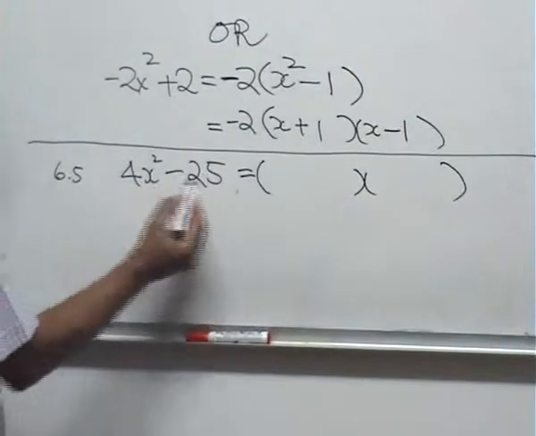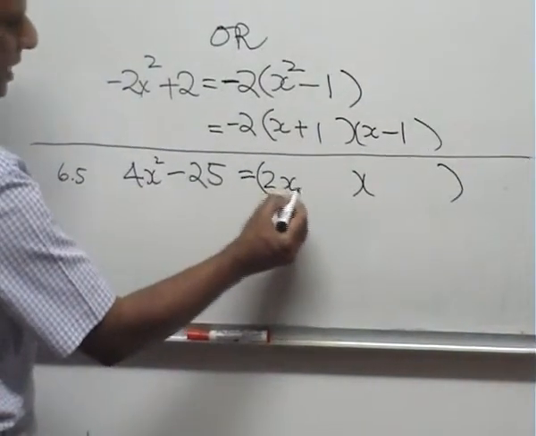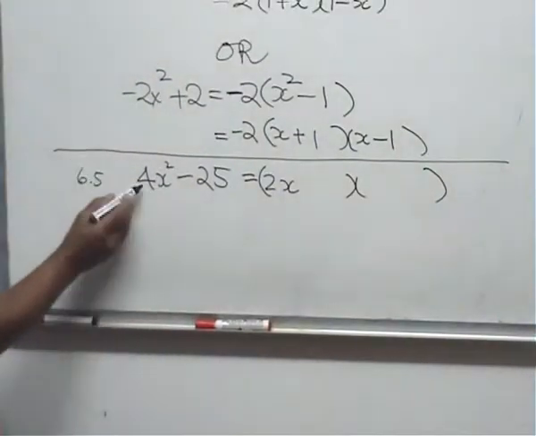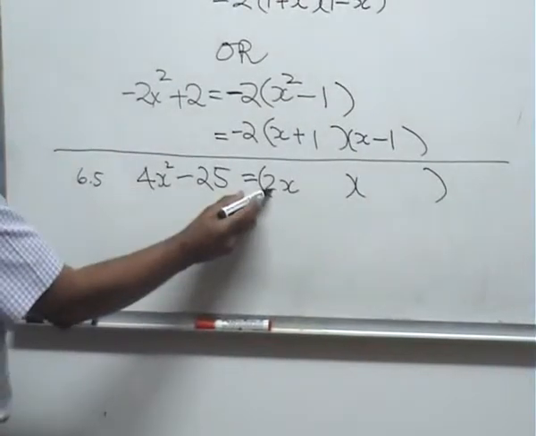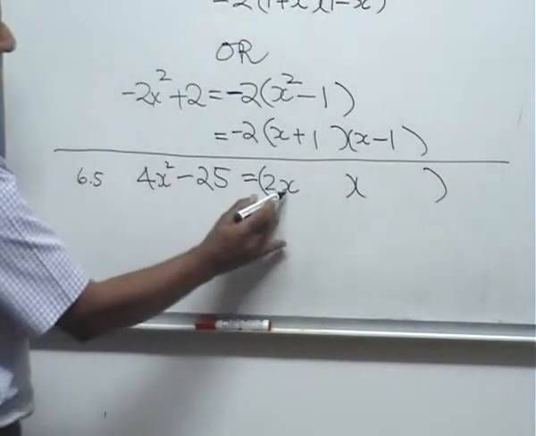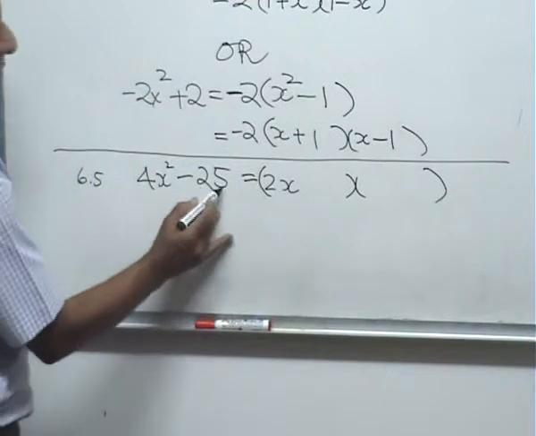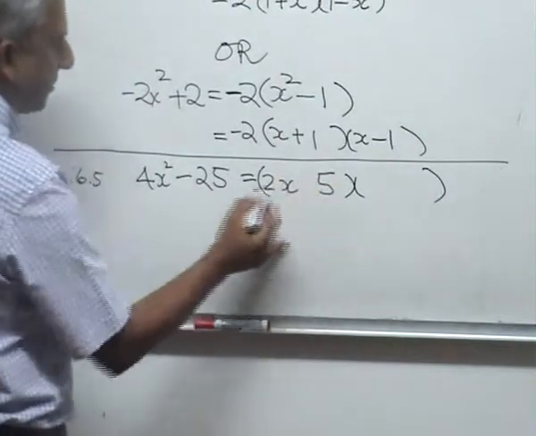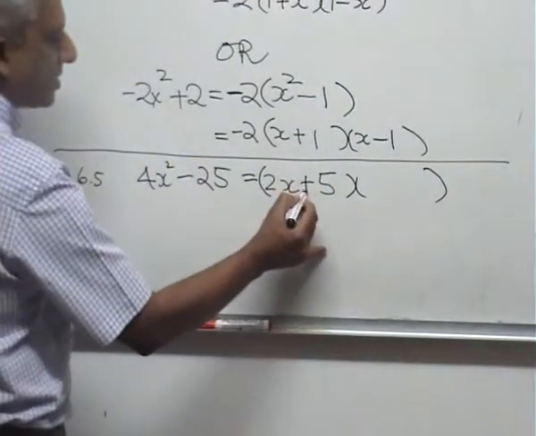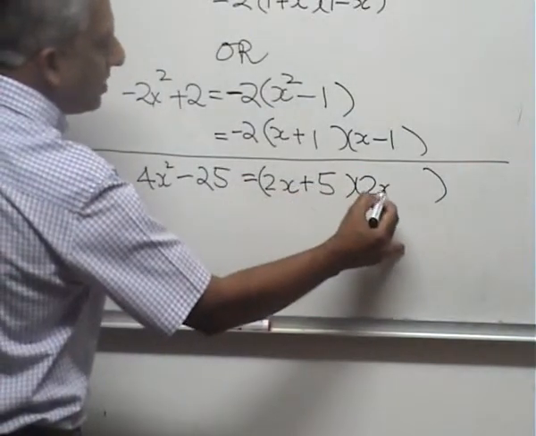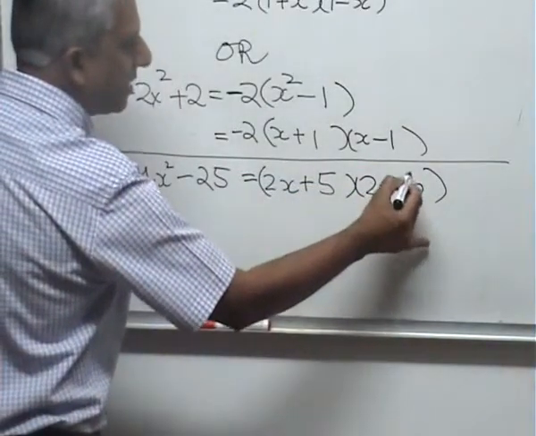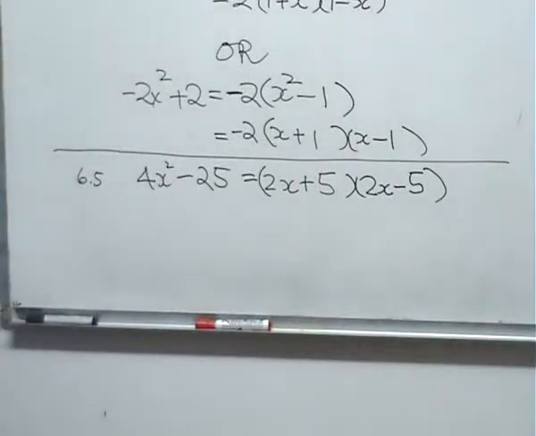Square root of 4x squared is 2x. Or if you like, you can say square root of 4, 2. Square root of x squared, x. Square root of 25, 5. One bracket will be plus. The next bracket will be the same thing with a minus sign.